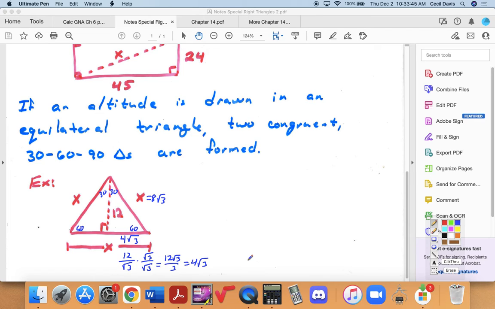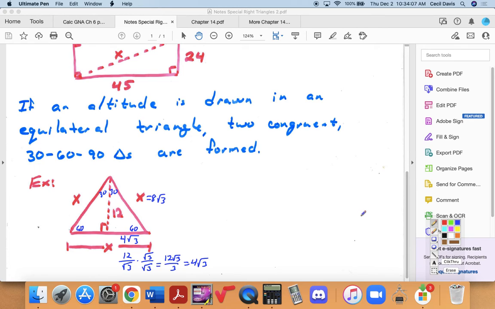I will say eventually we'll do this as a word problem, and I'll say something like this. If an equilateral triangle has an altitude of length 12, what is the length of the side of the triangle? And I swear to you, it happens just about every year that someone at some point will go, well, which side of the triangle do I want?